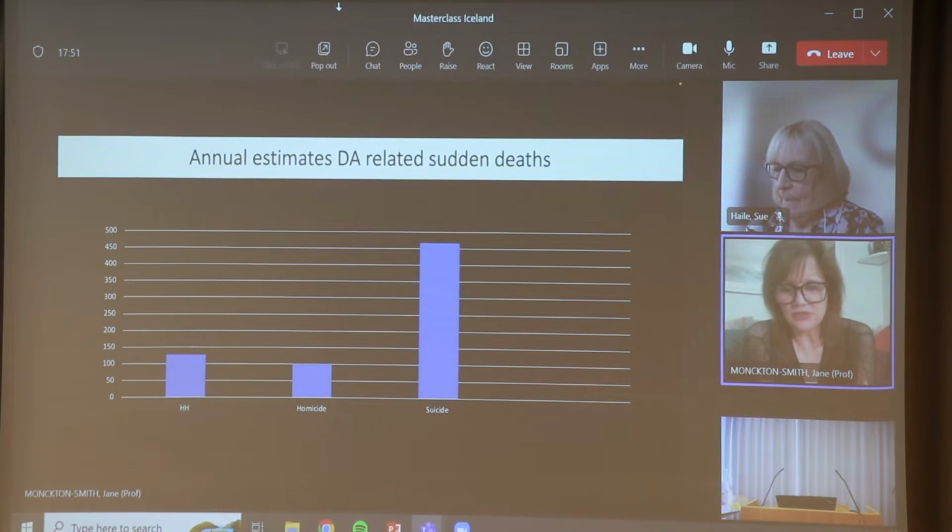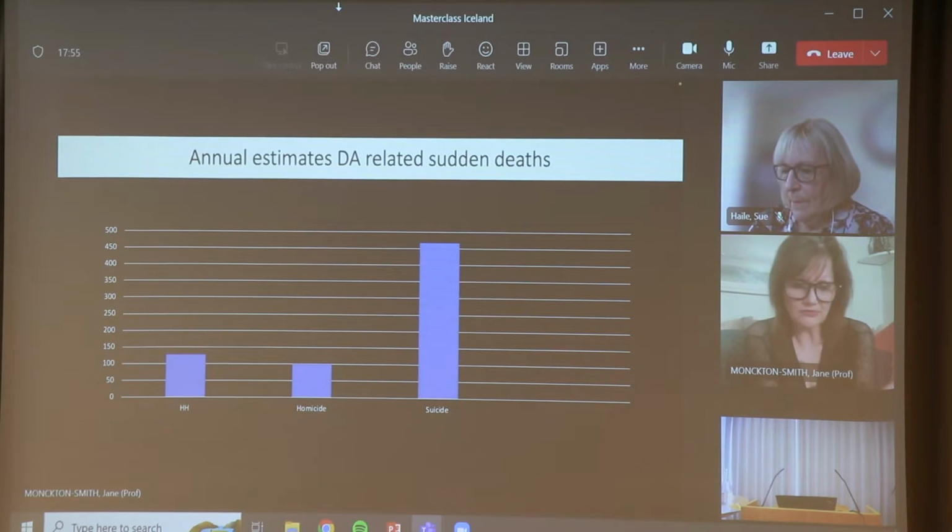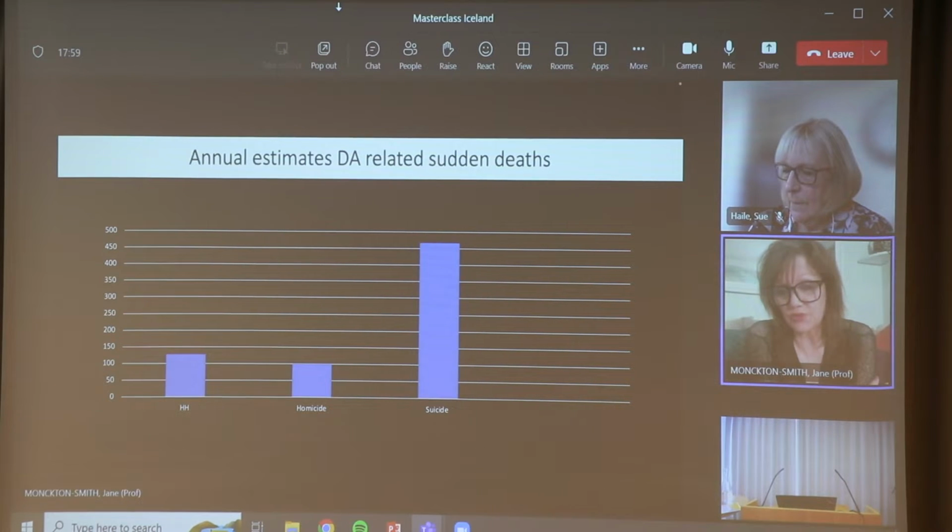And there's lots of things going on in the area of suicide. We've had our first conviction in England and Wales for manslaughter in a case of suicide, saying that the suicide was directly attributable to the perpetrator's actions.